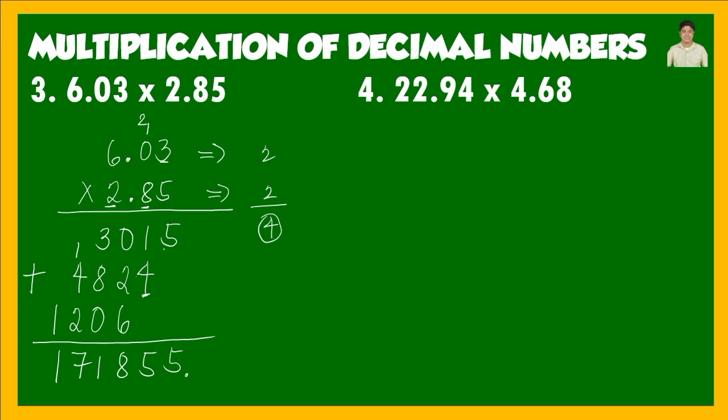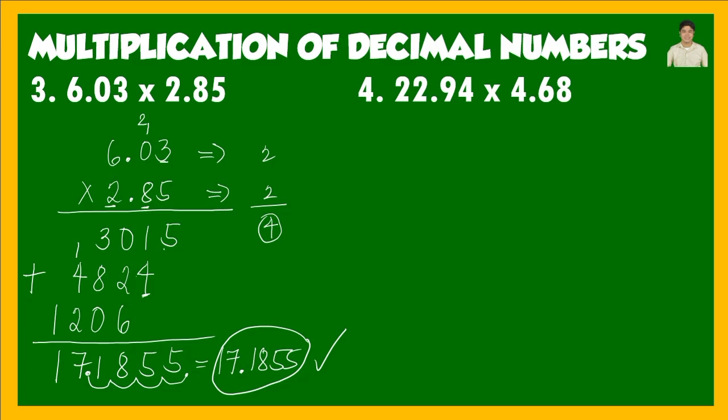So, from 5, 1, 2, 3, 4. So, our final answer is 17.1855 or 17 and 1,855 10,000ths.